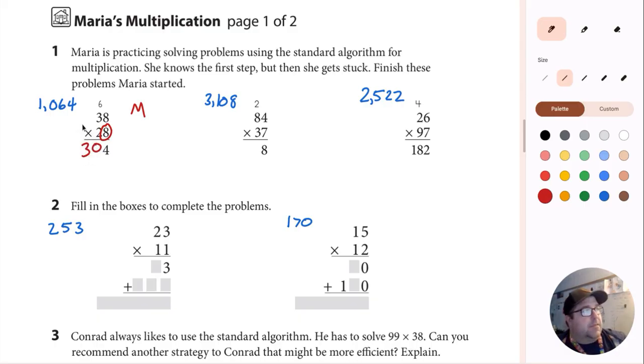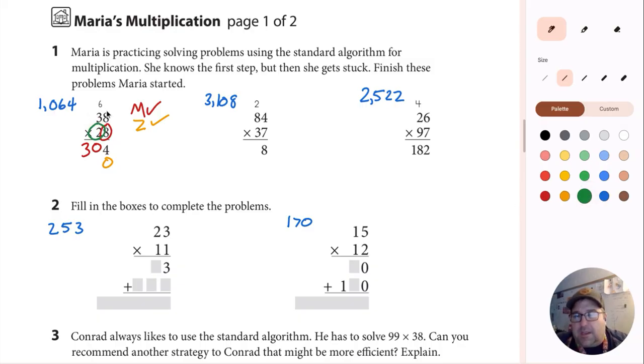Okay. And up next after that, we're done with that first round of multiplication. Next, we're going to place a 0. And by the way, we know our answer is 1,064. I did put the final answers. And then up next, we got this 2.